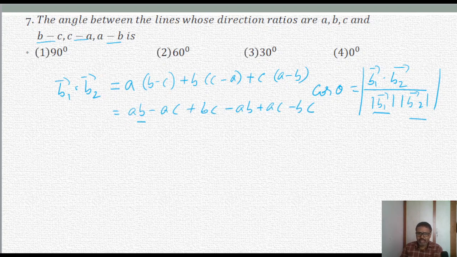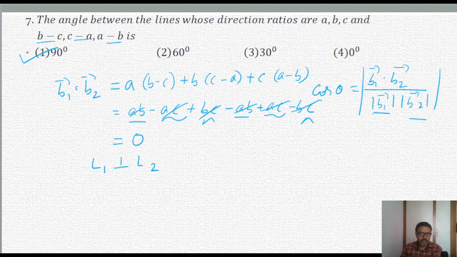So plus ab and minus ab get cancelled, minus ac plus ac get cancelled, bc and minus bc get cancelled. So the dot product is 0. Then clearly line 1 is perpendicular to line 2. That tells us the angle between these two lines is 90 degrees. So this is how you can directly decide this also, friends.